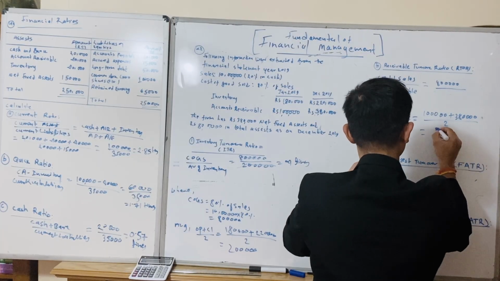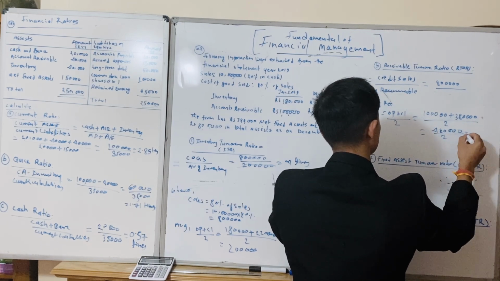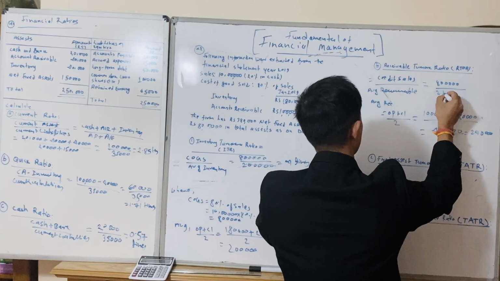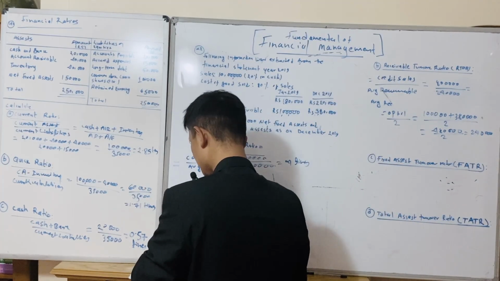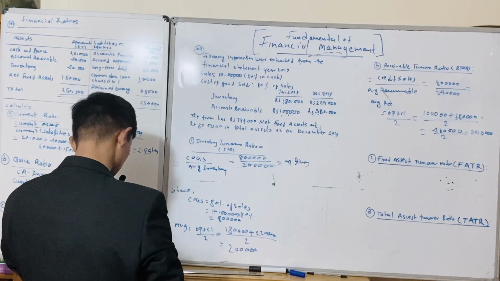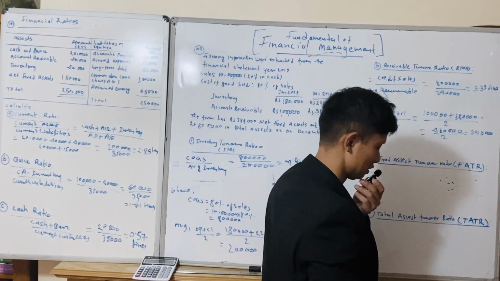Altogether 4 lakh 80,000 divided by 2 is 2 lakh 40,000. So 2 lakh 40,000 is the average receivables. Let's calculate 8 lakh divided by 2 lakh 40,000, which gives 3.33 times as the receivable turnover ratio.